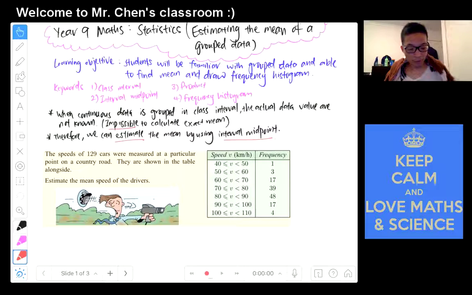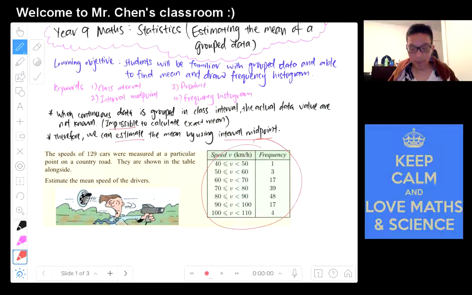So for this video, we are going to talk about how to find the mean if you get a group of data that has already been grouped. The example that I'm going to show you is over here. Look at this set of data, it already has been grouped up. The learning objective is that the student will be familiar with group data and able to find the mean and draw a frequency histogram.